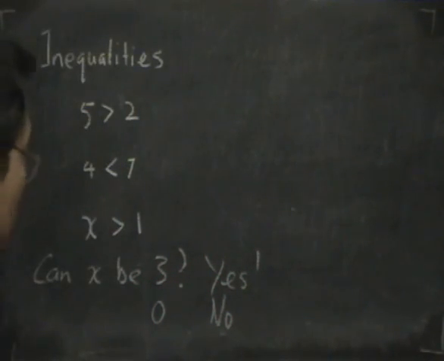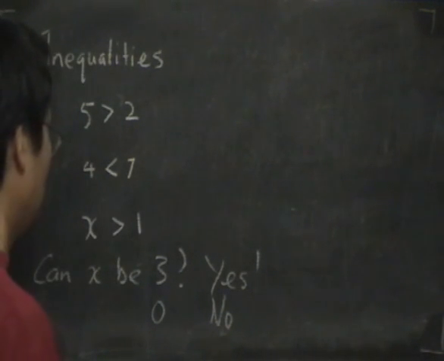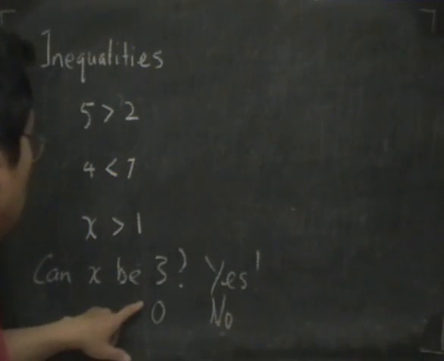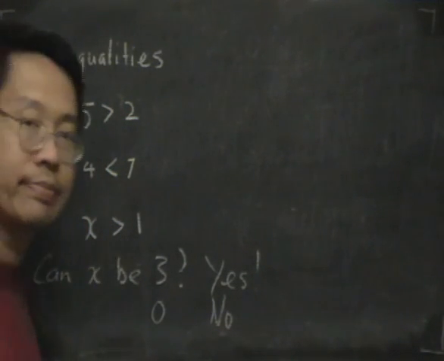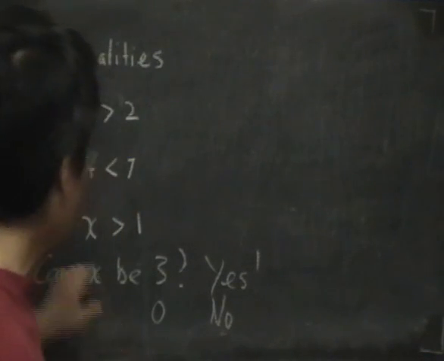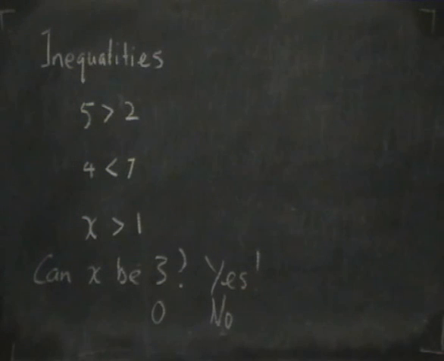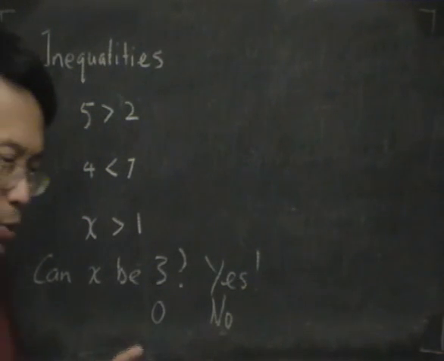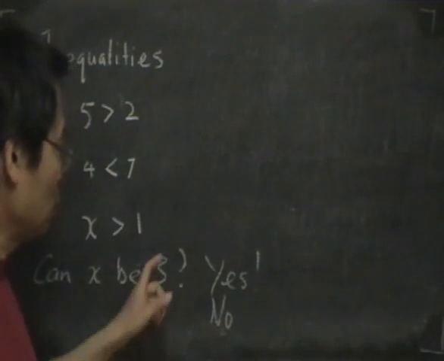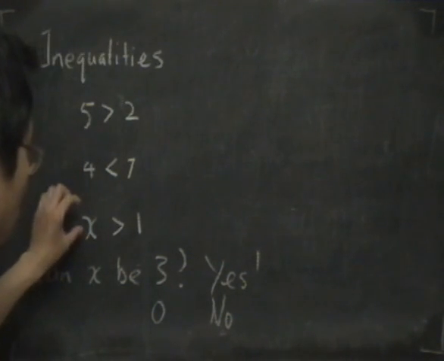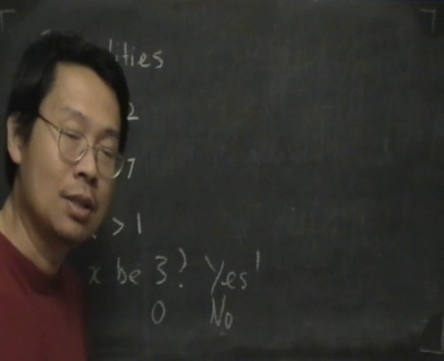Okay, let's just guess another number like maybe 6. Okay, so can x be 6? Well, 6 is greater than 1, so yes, x can be 6. Right, so we've just found that 3 and 6 can both be x.